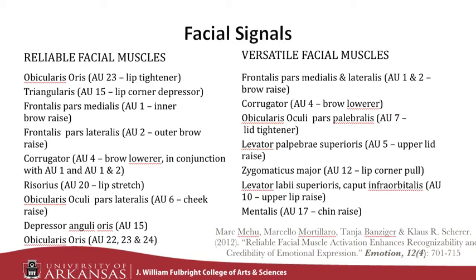Mark Mayhew and his colleagues in 2012 built on Ekman's work by considering what action units were reliable and which ones were not. Mayhew and his colleagues argued that, and these are their words, two types of responses from receivers are good indicators of the signal's reliability. A, the accurate recognition of the sender's intentions that evaluates the signal's efficacy in revealing the desired information.